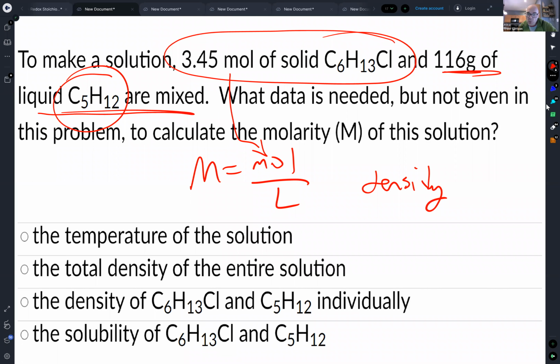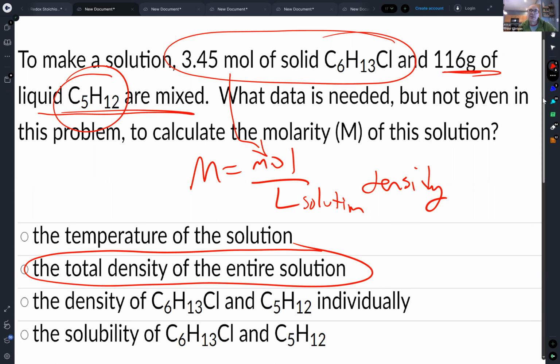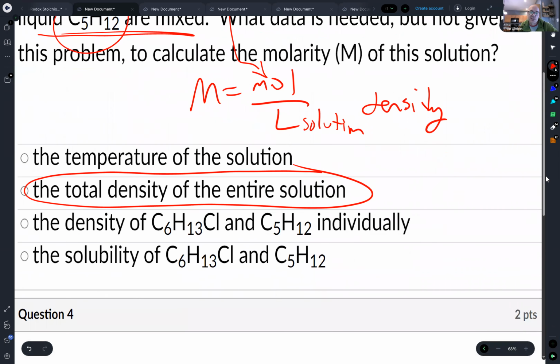What we could do, though, is figure out the density of this entire solution, because the liters is not of the liquid, it's the liters of the solution. So that's where our answer comes in, B on that one, knowing the actual definition of molarity: moles of solid divided by liters of the solution.